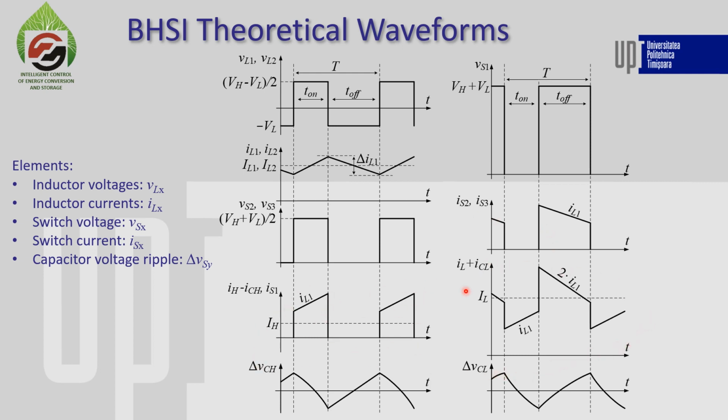And we see here that the current ripple on the low voltage side has a much larger value than we expect on the conventional buck-boost converter. So we also have to keep this in mind when designing the capacitors. Then on the bottom we have the two voltage ripples on the two capacitors.